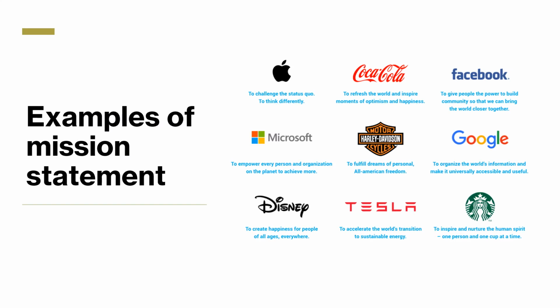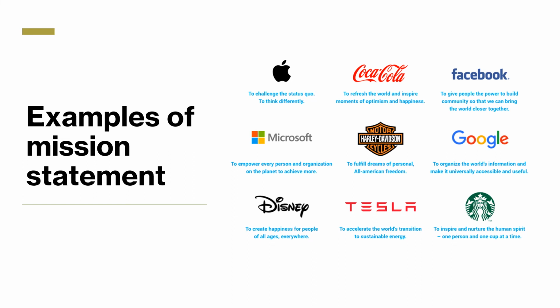Okay, so this is the example of the mission statement. If you take a look at Disney, the mission statement is to create happiness for people of all ages everywhere. So very specific. Okay, apa yang dia cuba sampaikan, apa yang dia cuba capai, kepada siapa yang akan dapat benefit.